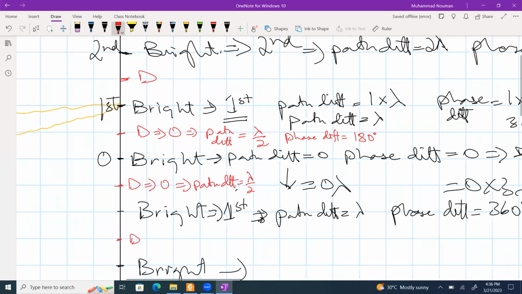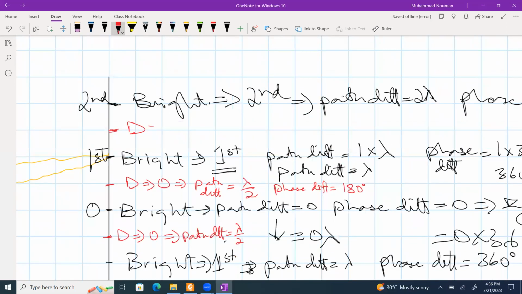And you will tell me the whole story of this dark fringe. What is the order of this dark fringe? First order. Perfect. What is the path difference? One and a half lambda, meaning 3 by 2 lambda.